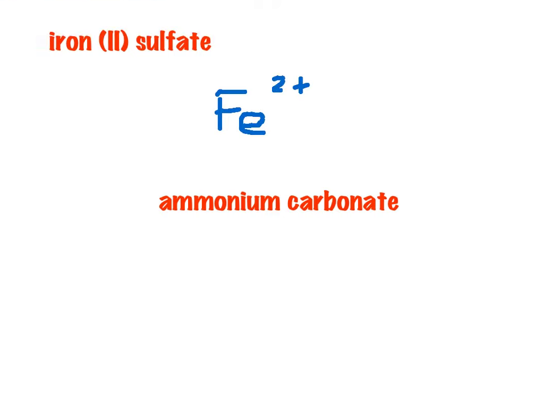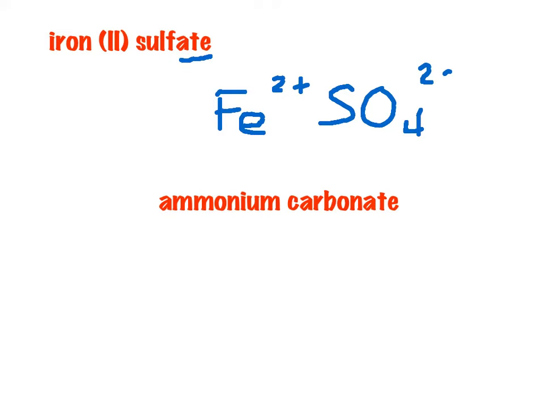We've got our iron 2, which is Fe2+, and sulfate, as soon as I see that ATE, I know that that's a polyatomic ion. I'm going to look it up on my list of polyatomic ions, and I see that sulfate is SO4 with a 2- charge. So I'm crisscrossing 2 2's here. Do you remember what the rule is when your charges are the same?